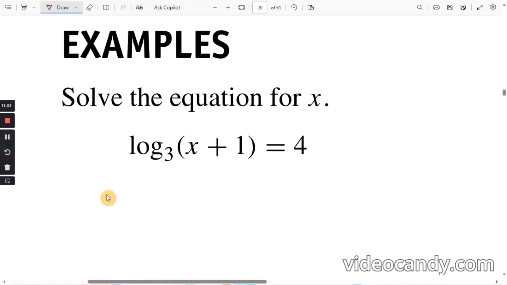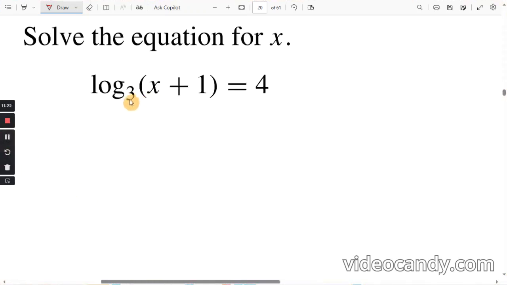All right, try this one here. Solve for x. And it's the same thing as converting to an exponential equation. So you see the base here is 3. So work with that. The base is 3, so I'm going to make this the exponent on the number 3. Other side, same thing.